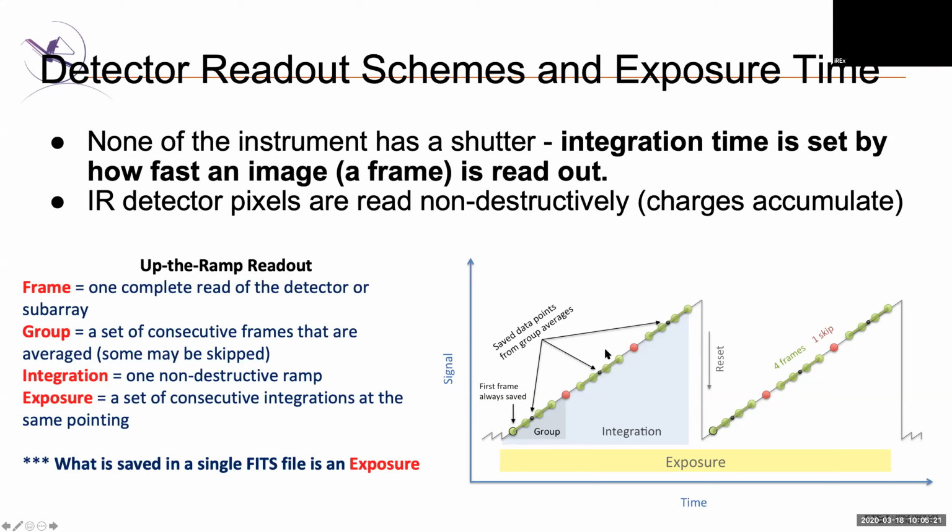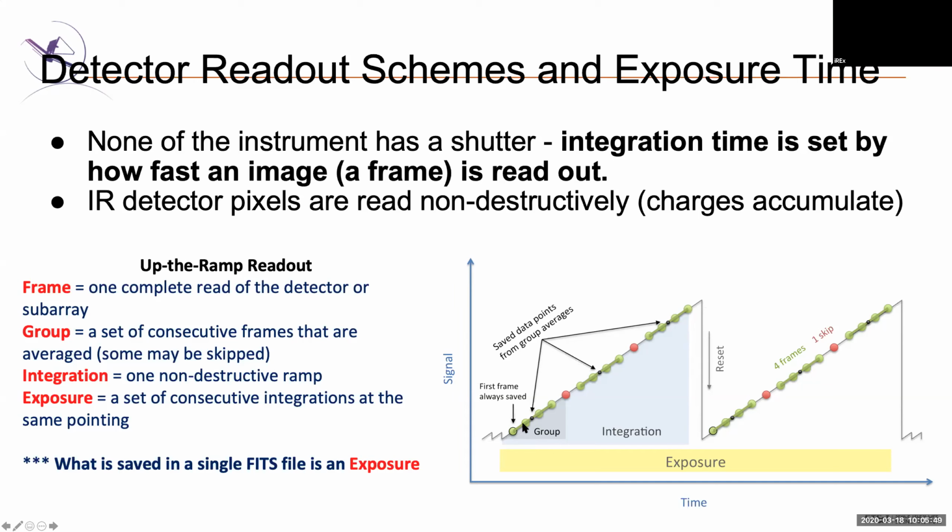So an integration will span some time, and throughout the integration, you'll read out frames repeatedly at a constant rate. A frame is really a full read of the full detector, and just as you finish reading one, you start the next frame, and so each dot circle here is a frame readout.